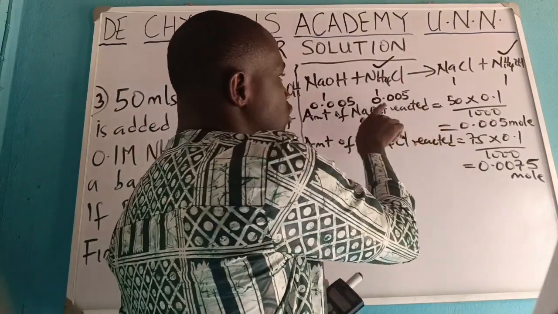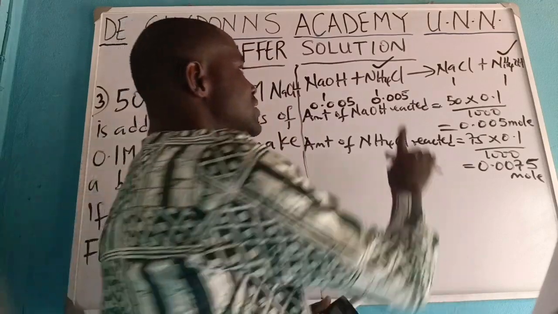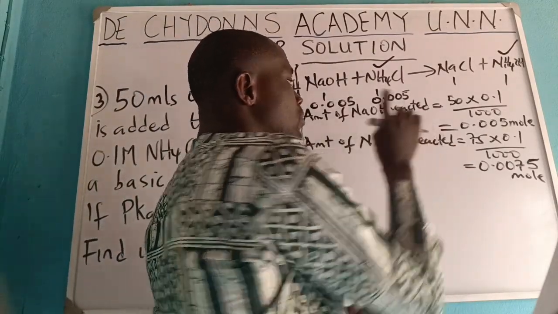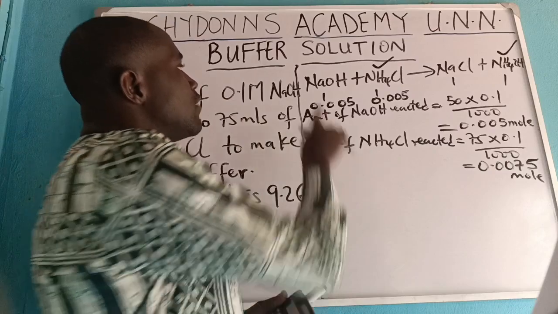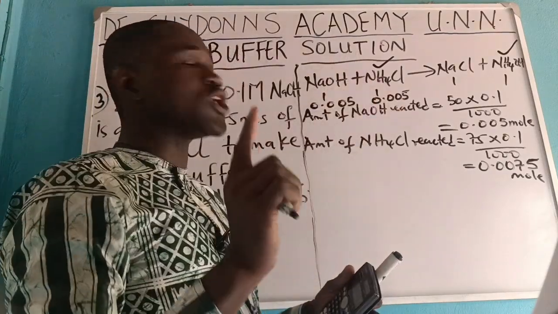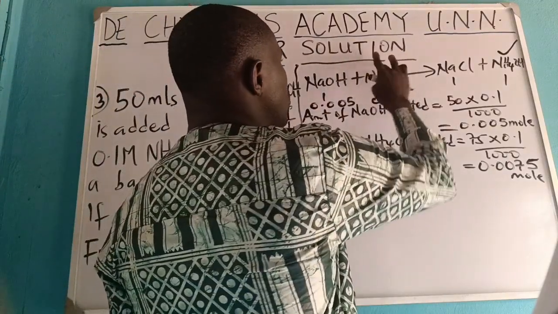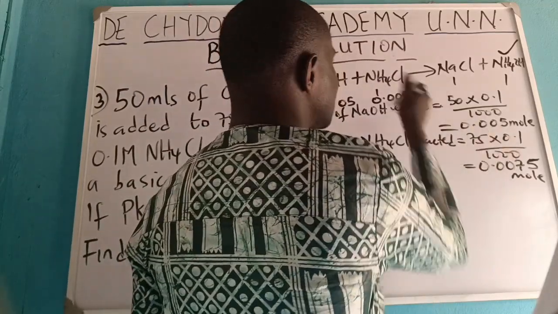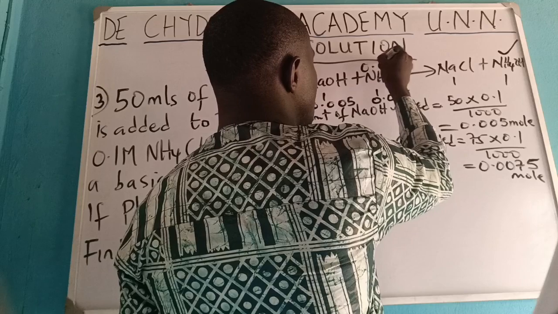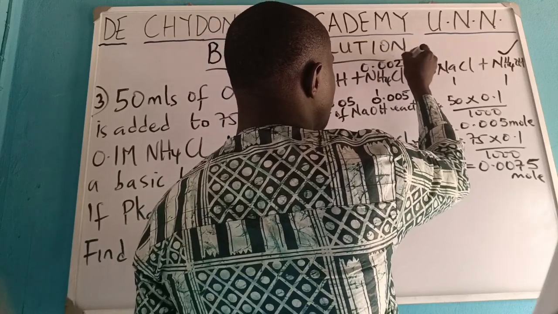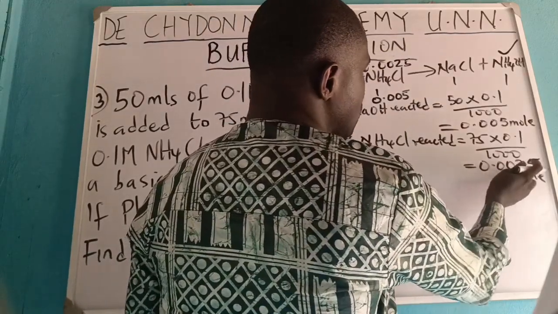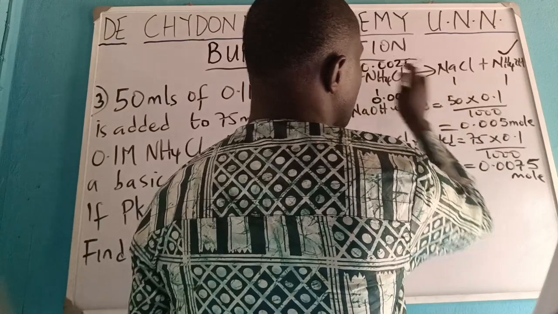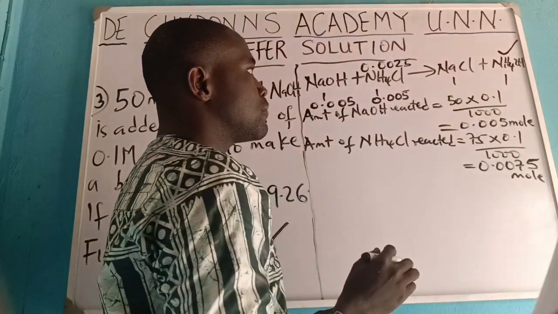Because the amount of sodium hydroxide is lower than the amount of ammonium chloride, once this reacts with this, the amount of ammonium chloride that will remain will be this minus this. 0.0075 minus 0.005 will give 0.0025 mole.